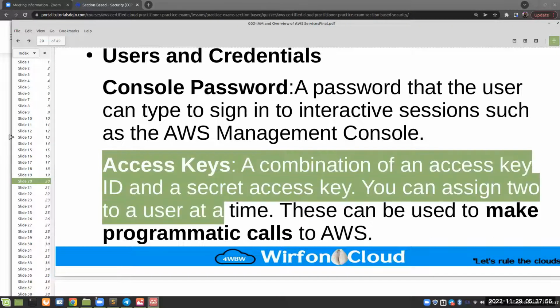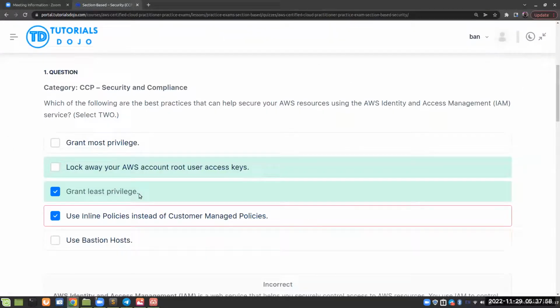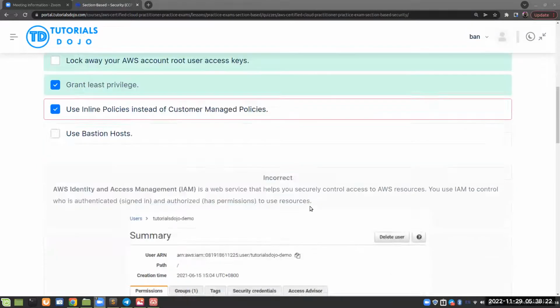That was just a tip here. One of the best practices is to lock away your AWS account root user access keys, as well as grant least privilege. That was absolutely correct. And for inline policies instead of customer managed policies, this is the reverse.